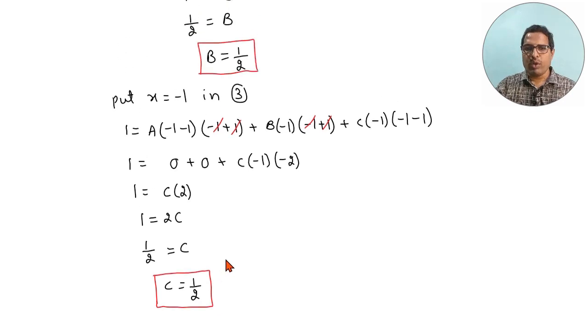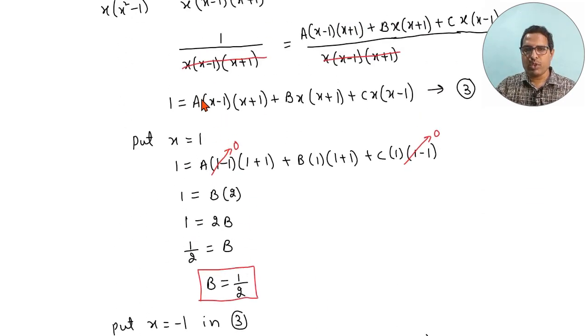Now we need to find the value of a. Go back to this expression. We have used x minus 1 and x plus 1, so you have x over here. If you put the value of x as 0, the b term will become 0 and the c term will become 0. You will be left only with a, and we can find the value of a.